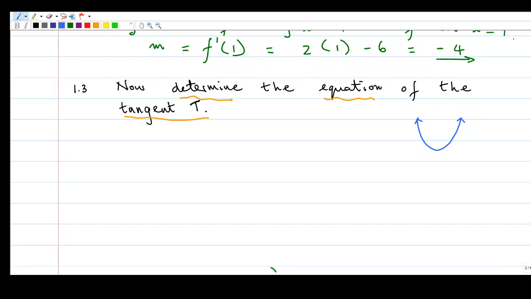And we are looking at x where x is equal to 1. Right, we've got a tangent. We know that the gradient of the tangent is negative, so it has to be something like this.